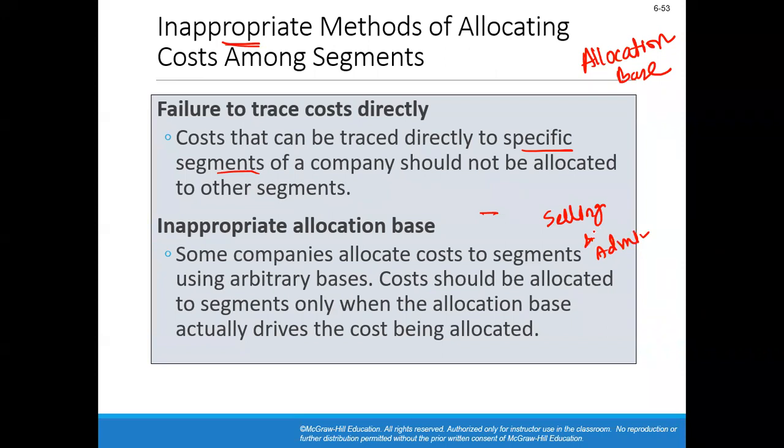Companies have a tendency to allocate more selling and administrative expenses to the segment which is generating more sales, and less to the segment in which sales is low. Do you think that is an appropriate way?